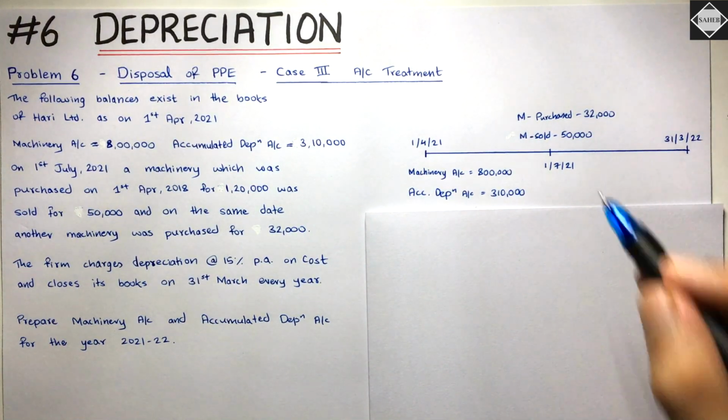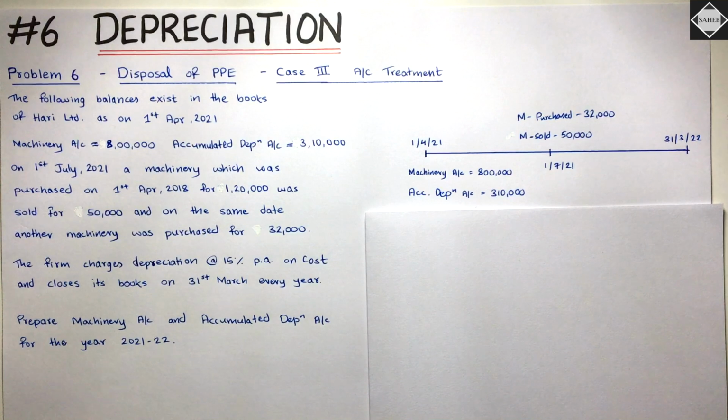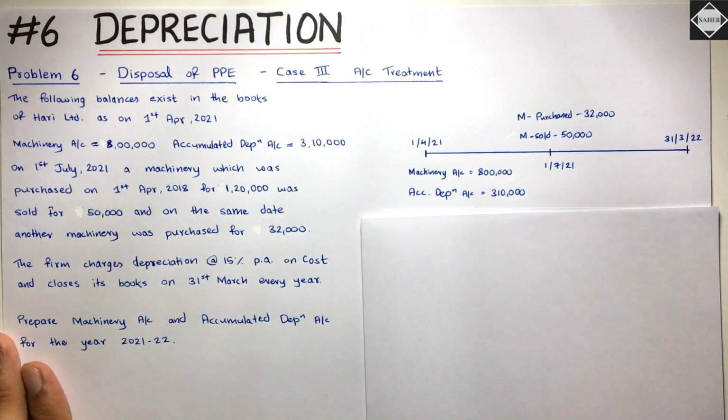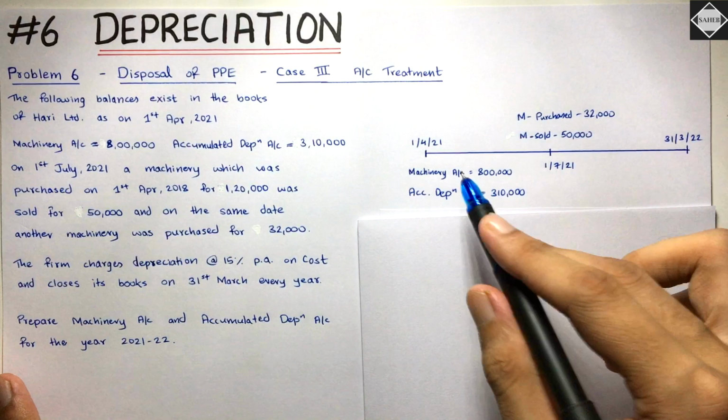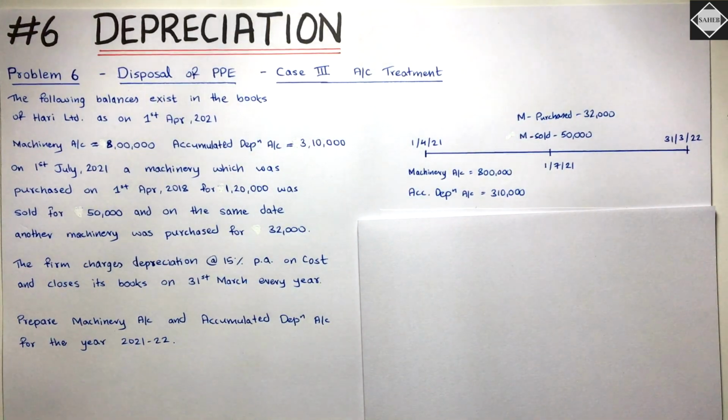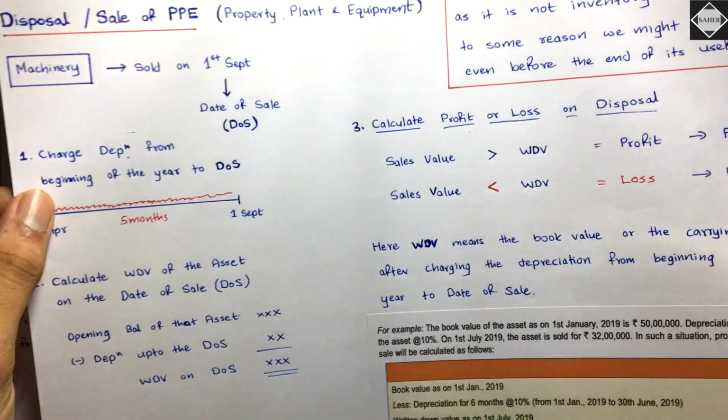Now let's come to the disposal, the main point of this question. So what we have to do over here is a simple working note to calculate the depreciation we'll be charging, and the profit or loss we have made on this disposal, all these things. Now first recall the procedure. What is the procedure? 3 things are there, right?